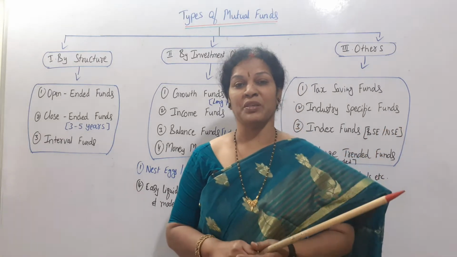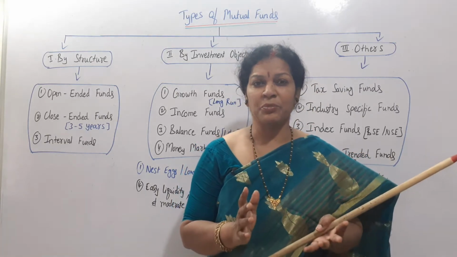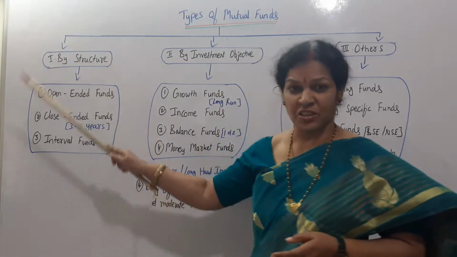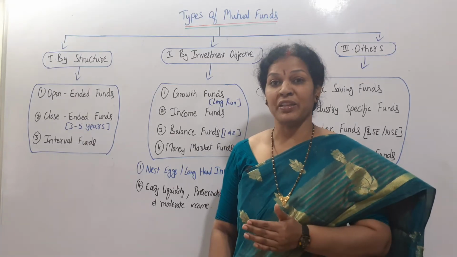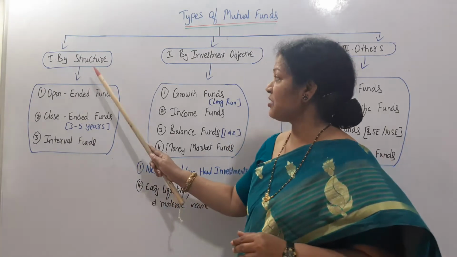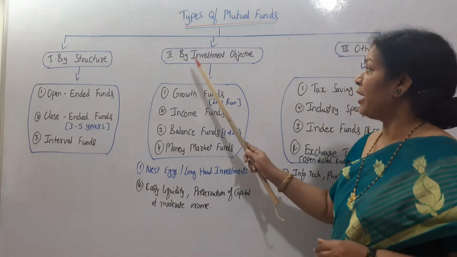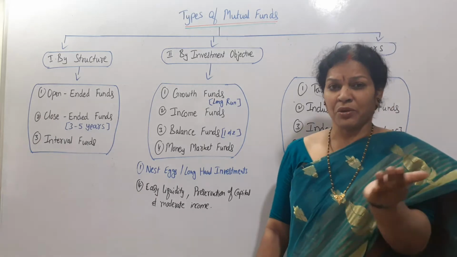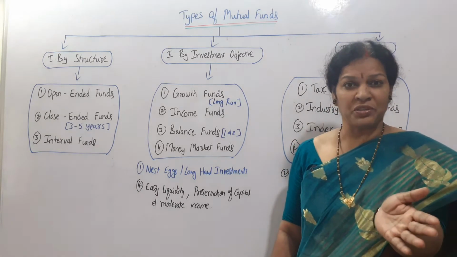Now coming to the topic. So types of mutual funds. Basically these types of mutual funds are divided into three parts. One is as per the structure, means the benefits which are expected by the investors. On that basis, by structure there are three types of mutual funds, and by investment objective, every investor feels that I want to invest on so and so aim or so and so ambition basis.